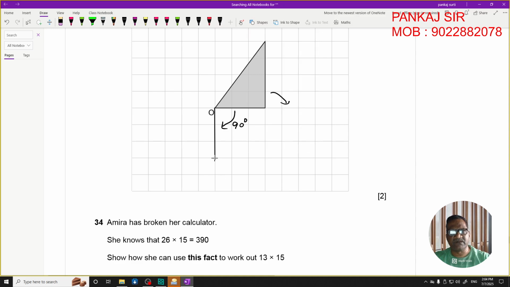From here, if I go this way, 1, 2, 3 and 4. So this is my perpendicular which has been turned by 90 degrees clockwise. Now the last one is just joining these two from here to here.